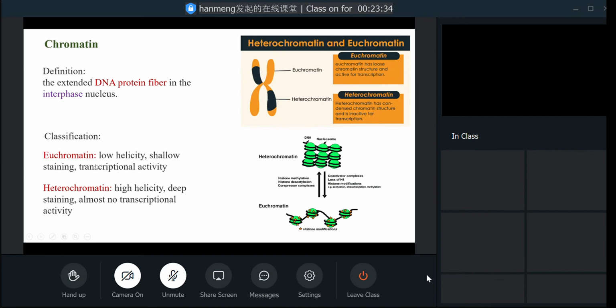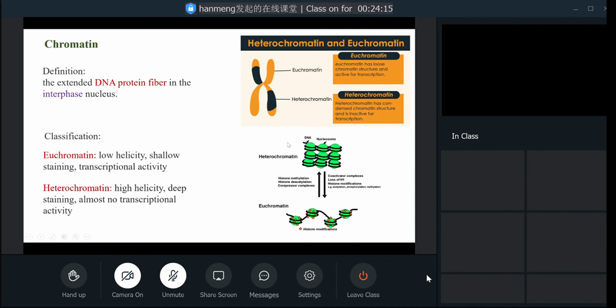It has some transcriptional activity, but the heterochromatin is high helicity and deep staining, with almost no transcriptional activity. So the euchromatin has loose chromatin structure and is active for transcription, but the heterochromatin has condensed chromatin structure and is inactive for transcription.